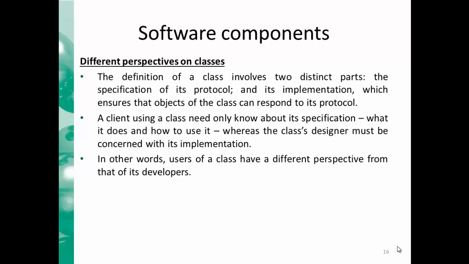The client is concerned only about how to interact with the class, which means they are concerned only with the protocols, whereas the developers are concerned with the implementation and how to make this class work and respond correctly to its clients. That's why we say that the users of the class have different perspectives from the developers of that class.